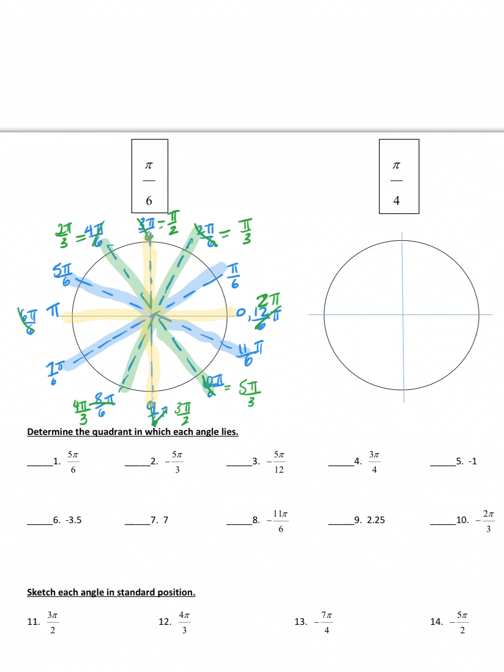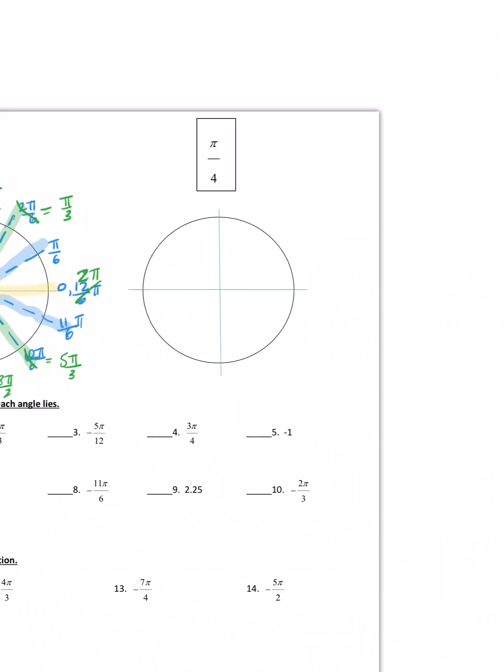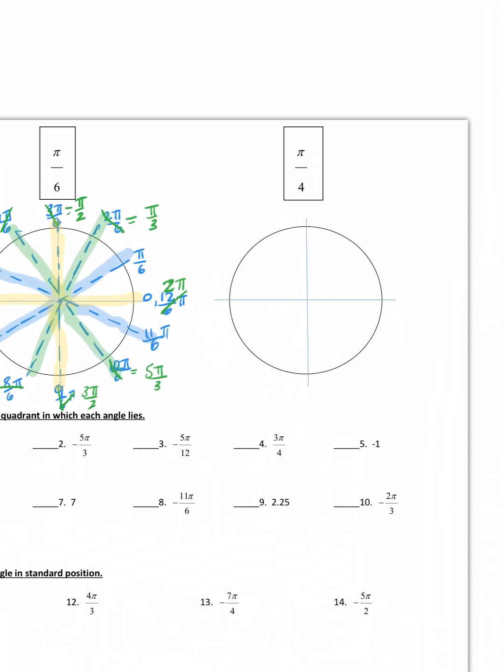Okay? Now, let's come over here and let's do this with fourths of a pi. All right, we're going to start where we started before. If we know pi is over here, and we know pi over 2 is up here, so I've already broken this pi into 2 parts.